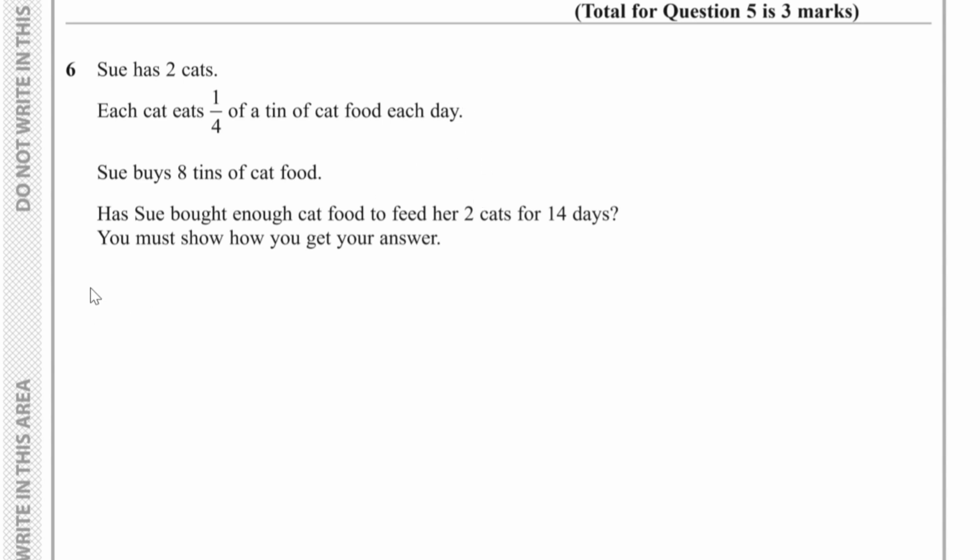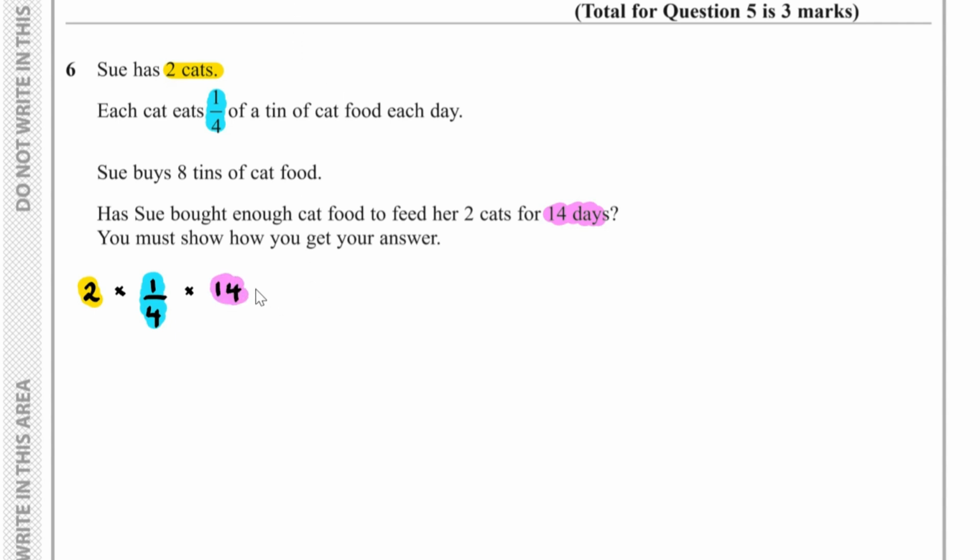So, what we have is 2 cats, and each cat eats 1/4 of a tin of cat food each day. So if I multiply by 1/4, then I multiply by 14 because they're eating for 14 days.